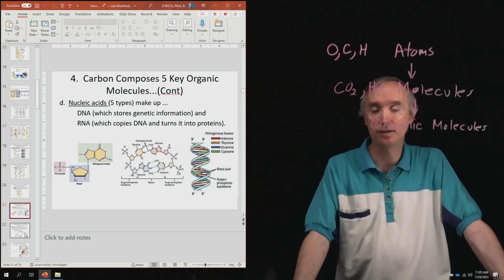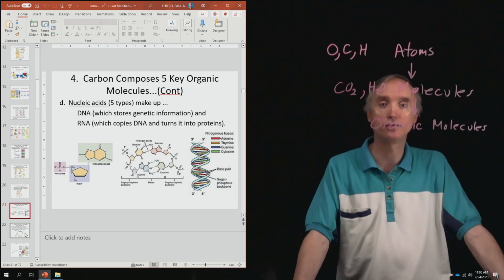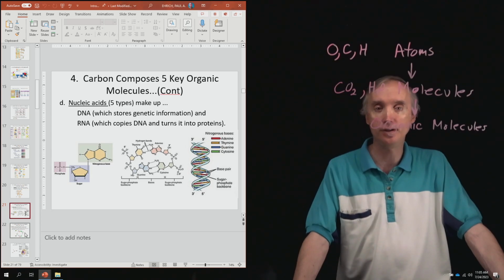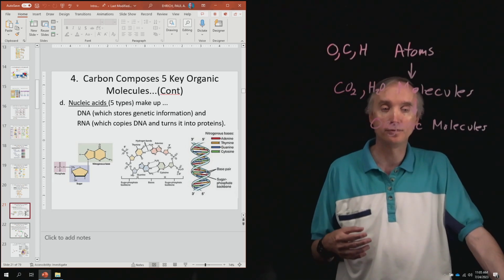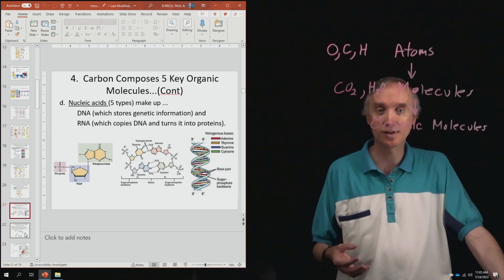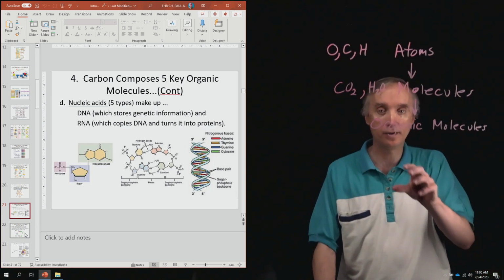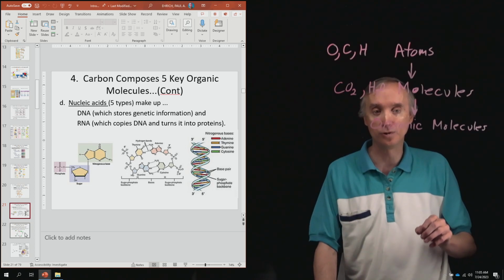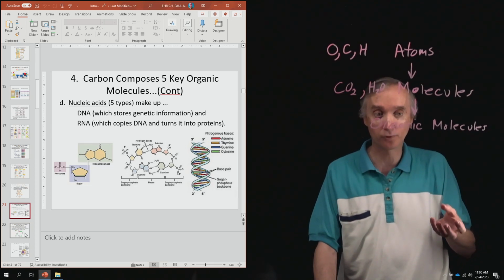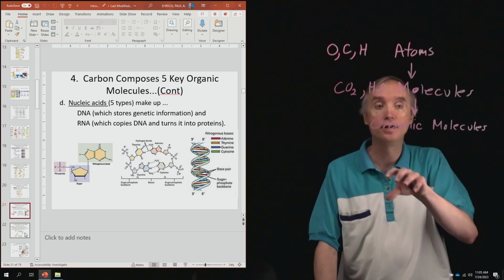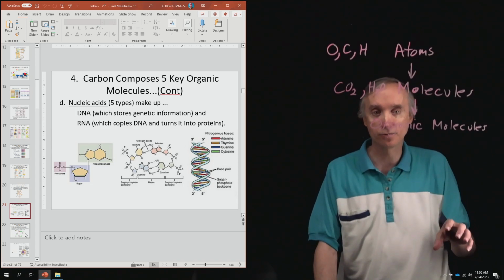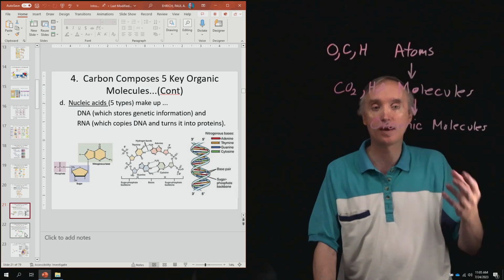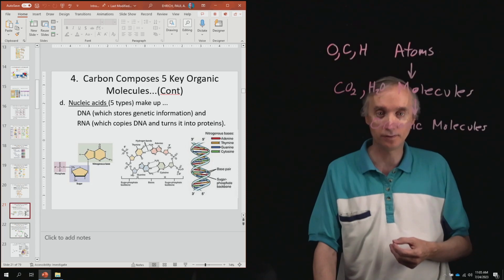And then RNA will attach itself to DNA and make a copy of it. And then it will leave the nucleus of your cell, and then the RNA will go through a thing called a ribosome, which is going to be actually a protein, and then when the RNA goes through it, it is going to manufacture other proteins.